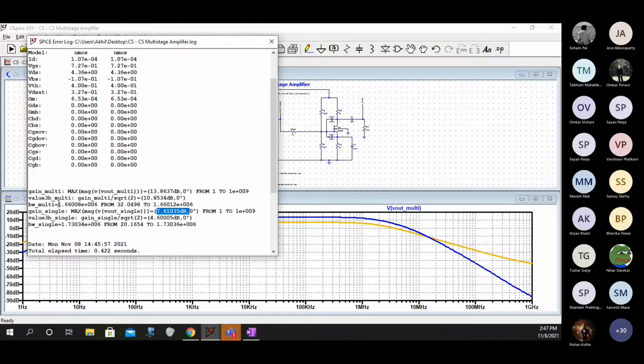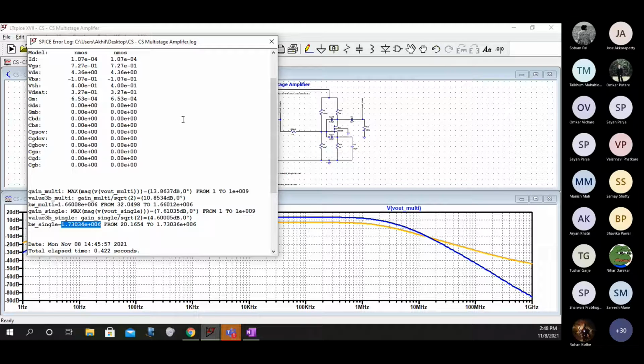Another thing you have to see here, the bandwidth here is 1.66 megahertz and the bandwidth for a single stage is 1.73 megahertz. So what it means is, when you cascade in the expectation of getting more gain, your bandwidth gets compromised.